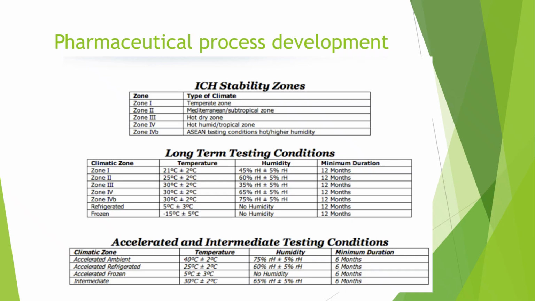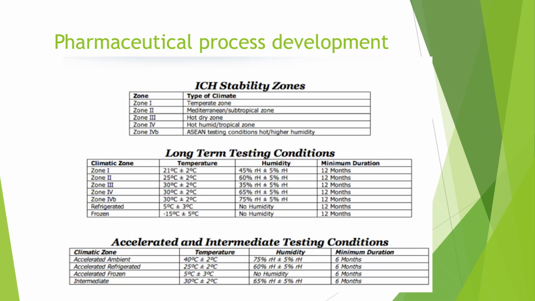Now zone 1 means 21 degrees, zone 2 means 25 degrees, zone 3 means 30 degrees, zone 4 means 30 degrees, zone 4B means 30 degrees plus minus 2, but here the humidity changes. At 30 degrees, zone 3 is 35% RH, zone 4 is 65% RH, and zone 4B is 75% RH. So accordingly the RH condition changes with respect to the zone.